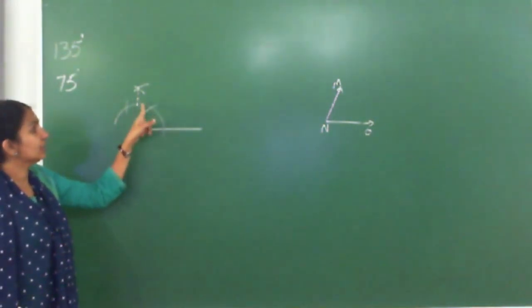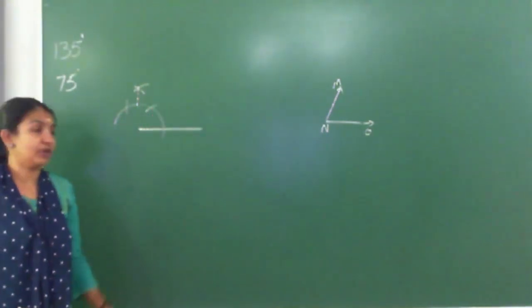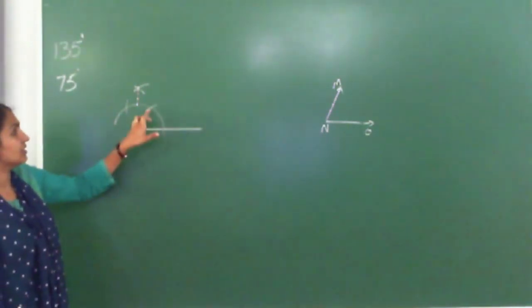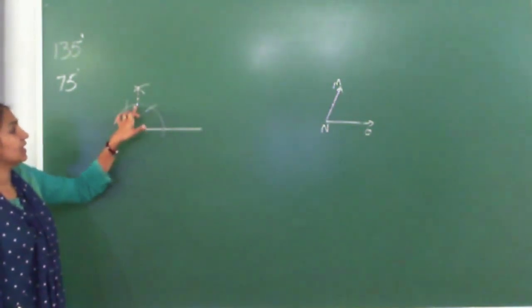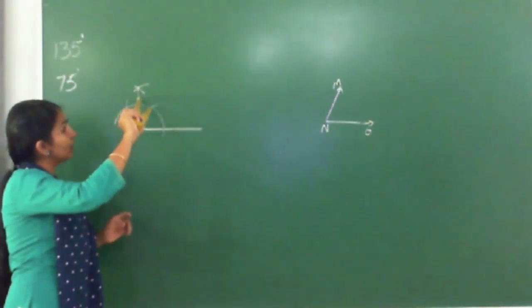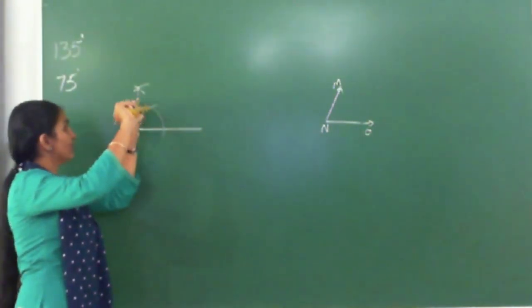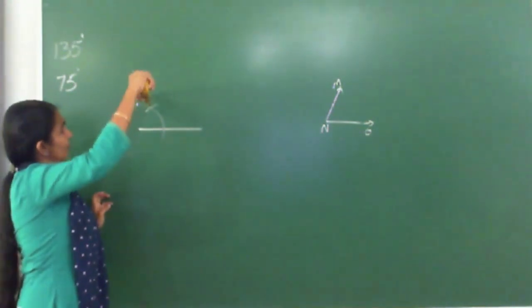Then this angle is 30. Its half means 15. So we don't want any other things. Just bisect this 60 and 90 degrees. For that we want to keep our compass on the 60 and 90 only.